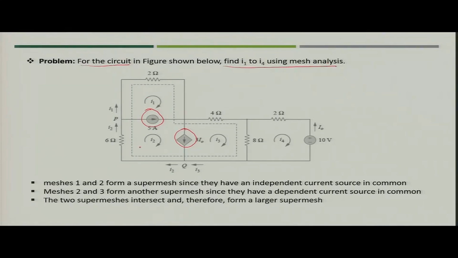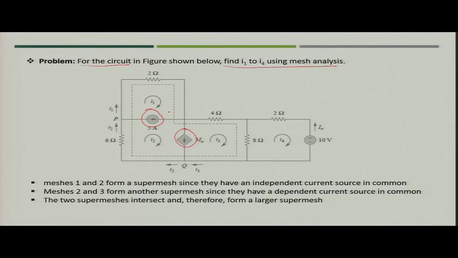If you see this circuit, you will have 4 meshes created, so we have 4 mesh currents: I1, I2, I3 and I4. Now you will observe that there are 2 current sources.